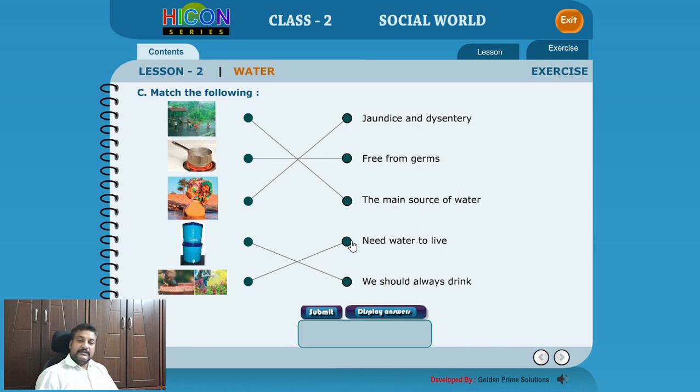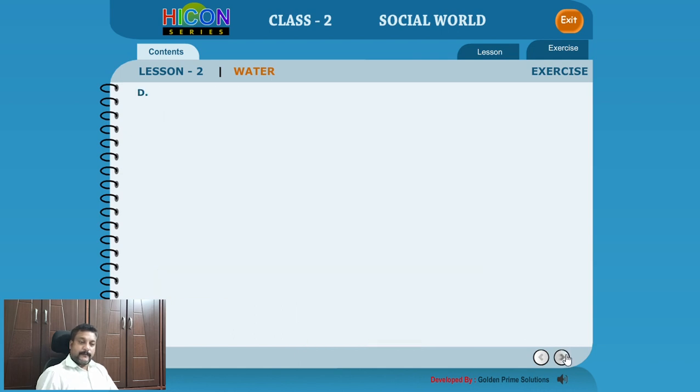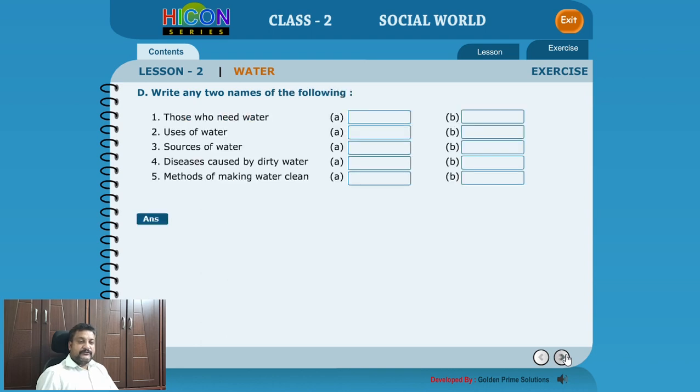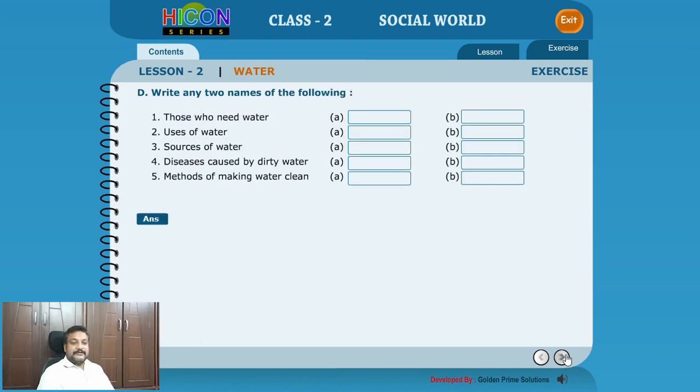Now we'll go on to the next question. D. Write any two names of the following. Based on the different usages and the sources of water, there are 5 options given. And for all these 5 things, we need to write 2 examples each.